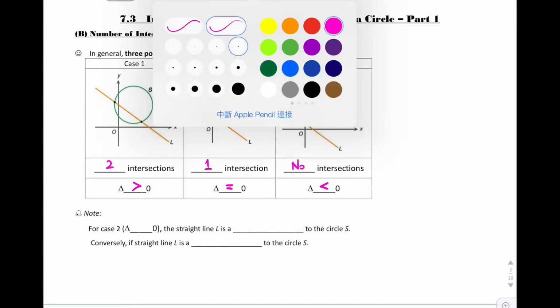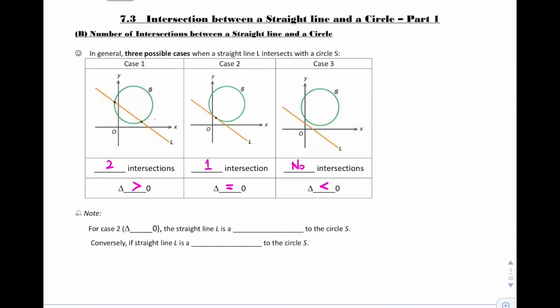And pay attention to case 2. For this case, you will find discriminant is equal to 0. And the straight line here, we will say it touched the circle at only one point. So the straight line L is a tangent to the circle.